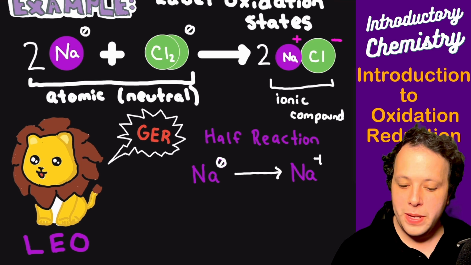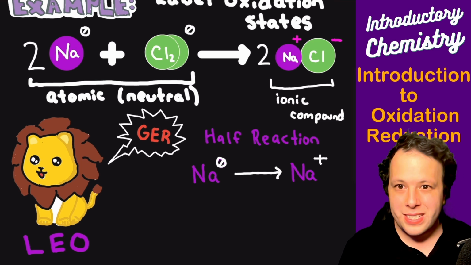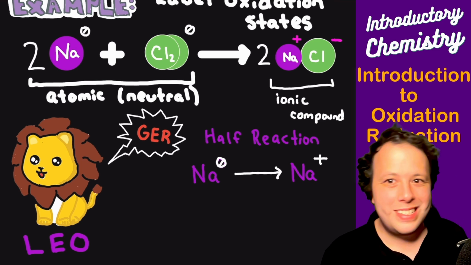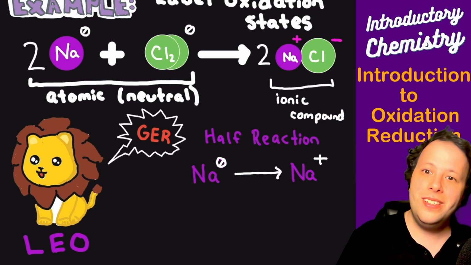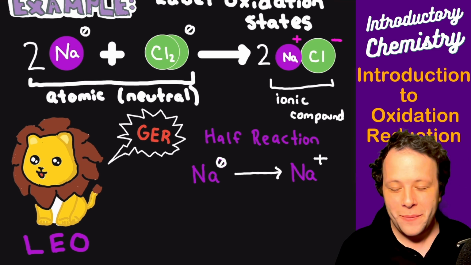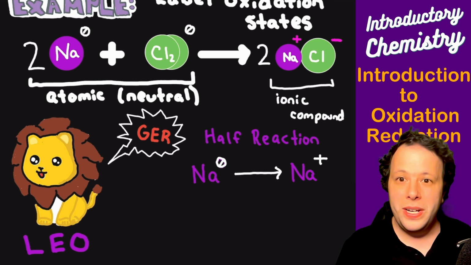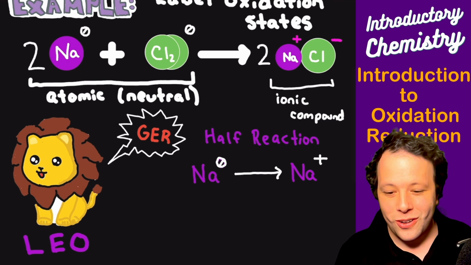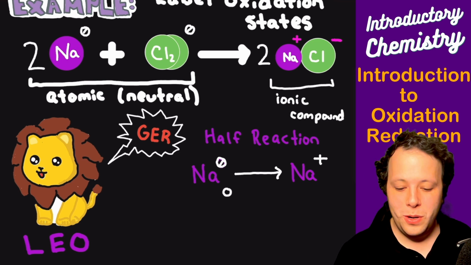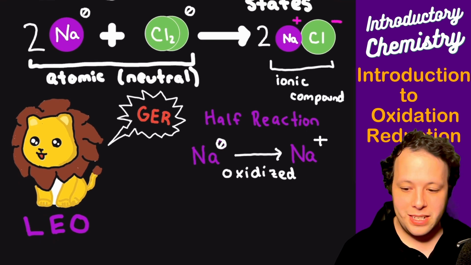So it's going from Na0 to Na+. Now the question is, is this gaining an electron or is it losing? Is it LEO goes GER? Well, our charge is becoming more positive, so we are losing an electron in the process. So we can see that sodium is being oxidized.